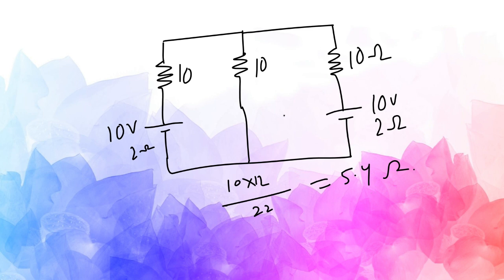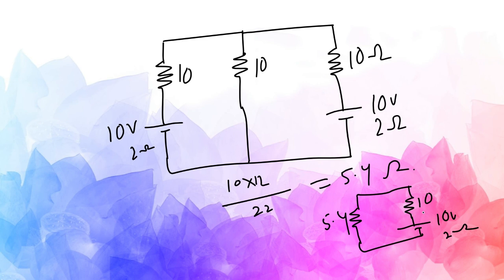Now the equivalent circuit is going to become like this: this is 5.4 ohm, and then this is 10 ohm, and this is 2 ohm with the voltage source of 10 volt. So what will be the current through this?